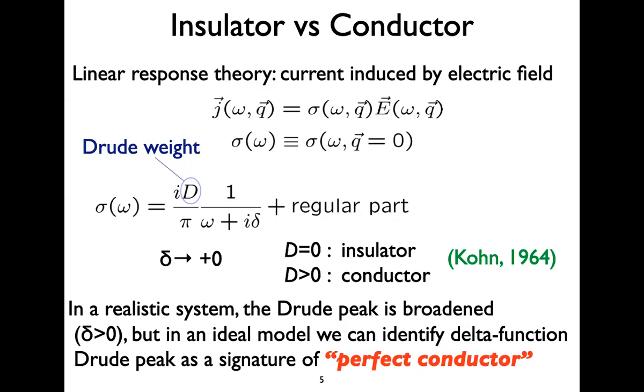But in this talk, I want to focus on idealized models. Then, in principle, in a conductor, you can identify this kind of singularity at zero frequency. And this concept was already introduced in a seminal paper by Walter Kohn back in 1964, almost 60 years ago.